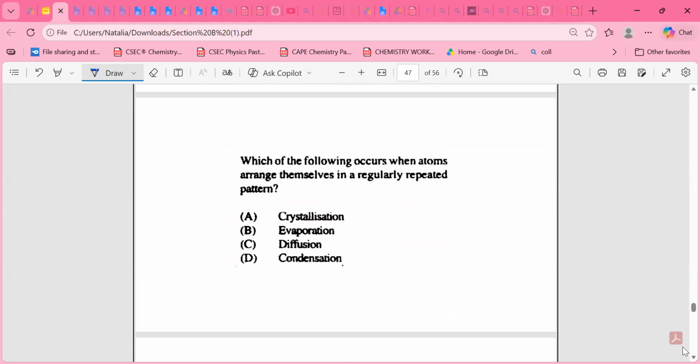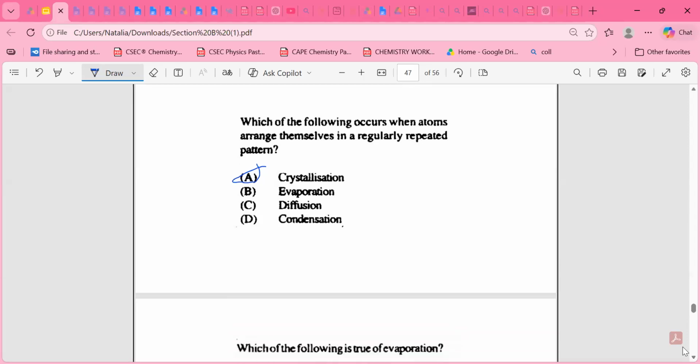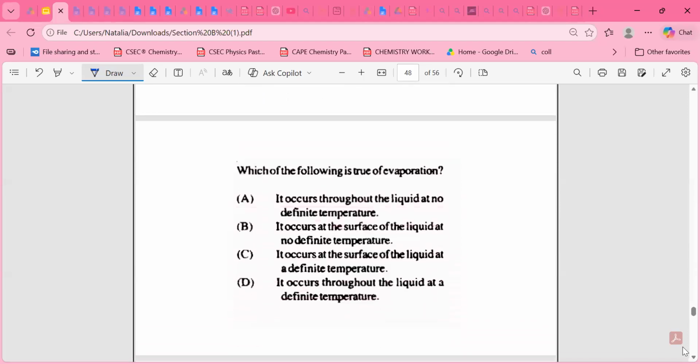What's the answer for which one in a correspondence arranges themselves in a regular repeated fashion? Crystallization. Yes, but I'm in class and I'm not seeing Andre.